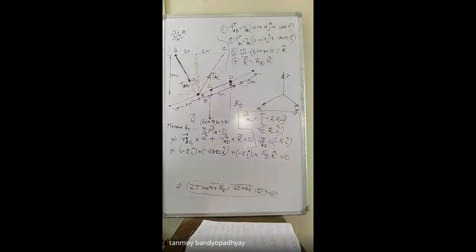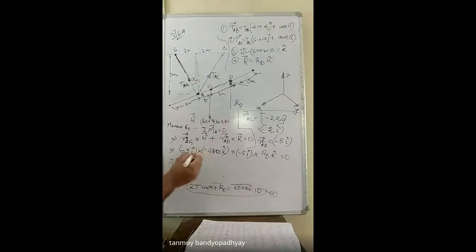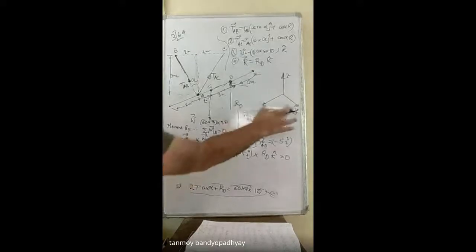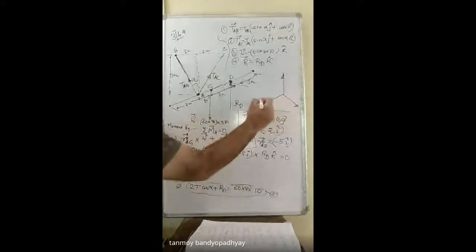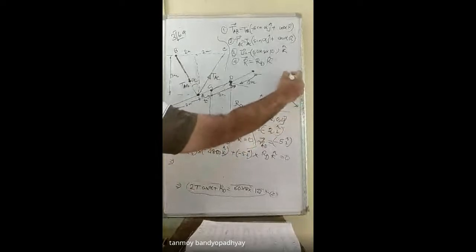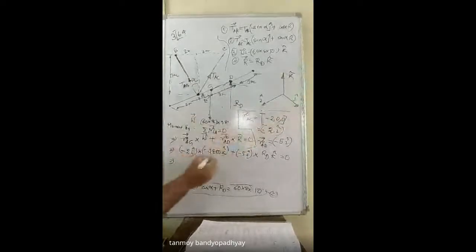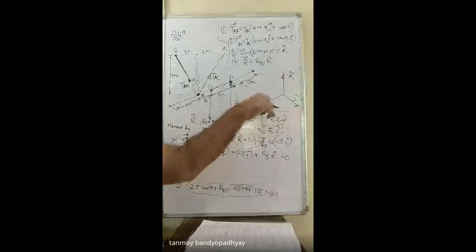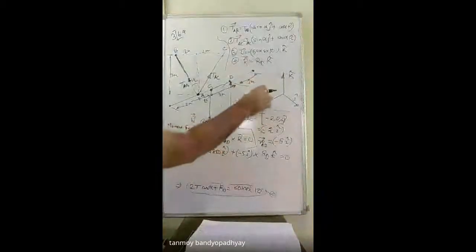I don't know whether you know this one. So what is I cross K? Let us call this I cap, this J cap, this K cap. I cross K is minus J, going inside the board by the right hand rule.